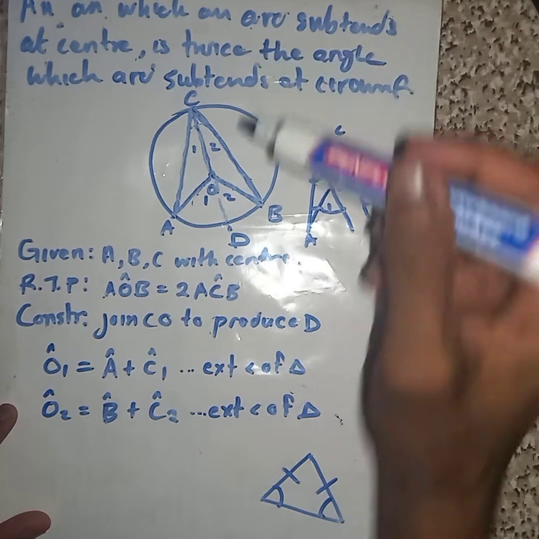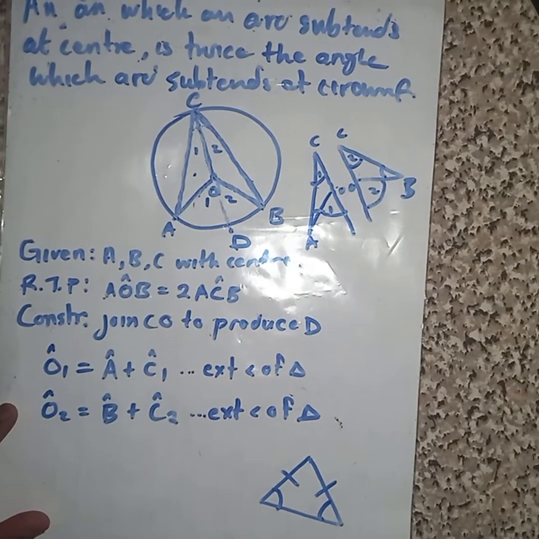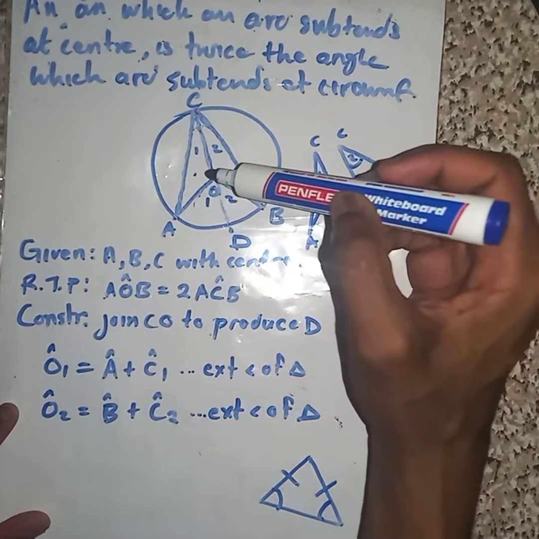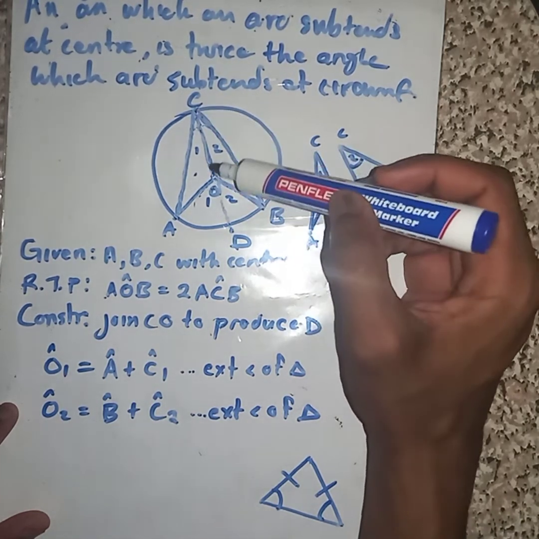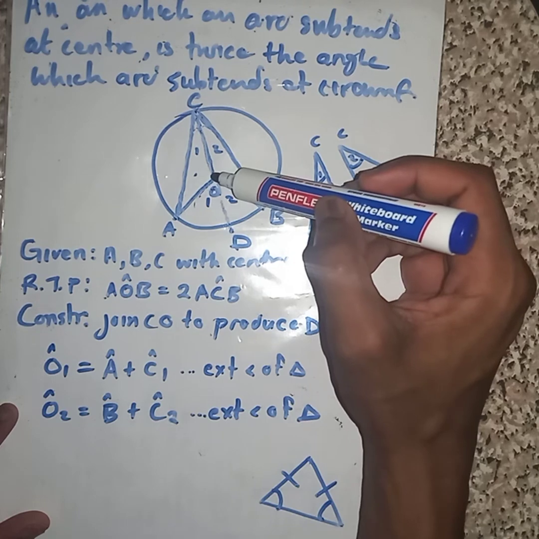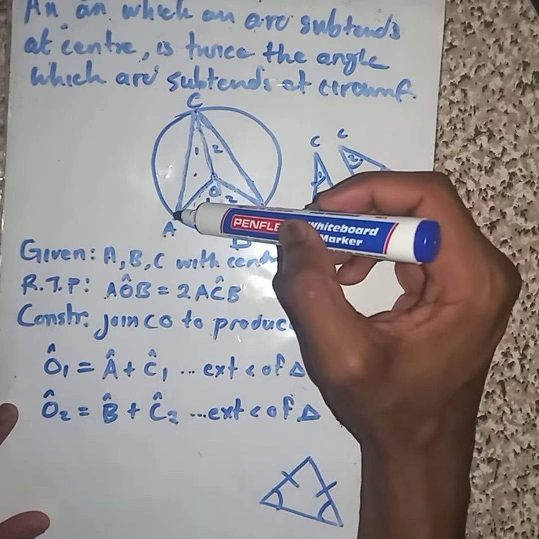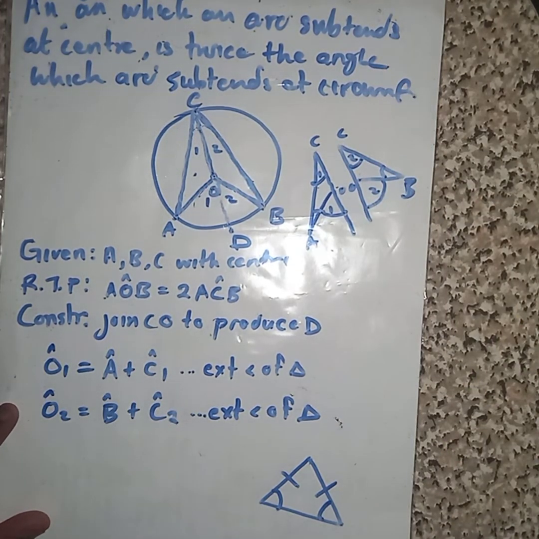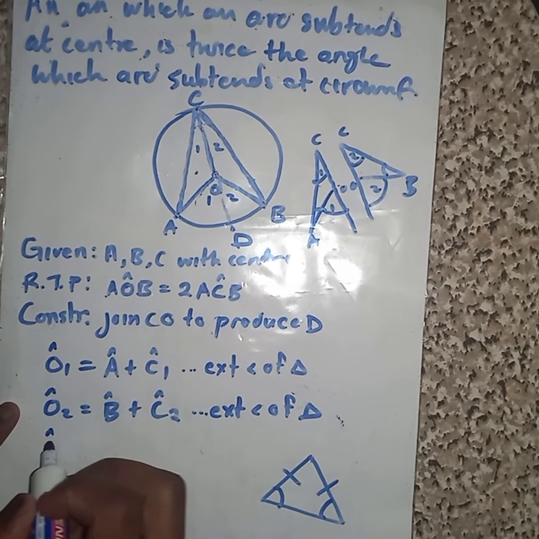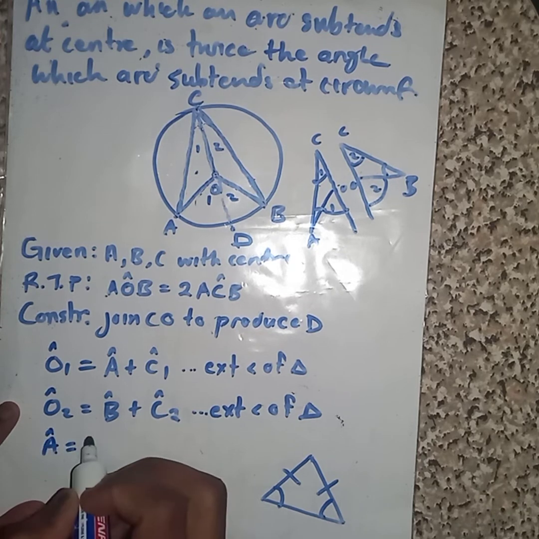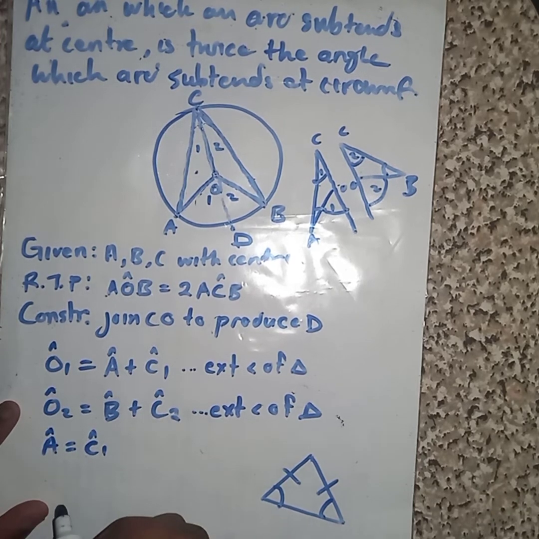But for now, let us only focus on this one. Do you see the radius? The radius OC will always be equal to the radius OA. In fact, the radii of a circle will always be equal, all of them. Then at this point, we can clearly say our angle A will be equal to angle C1.